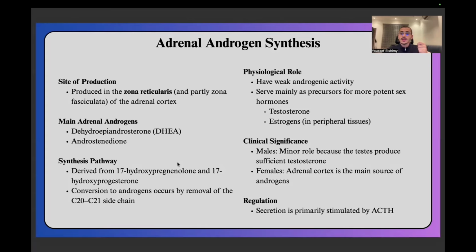So the adrenal androgens are important for the females more than males. And regarding the regulation, they are regulated by ACTH, just like the glucocorticoids.